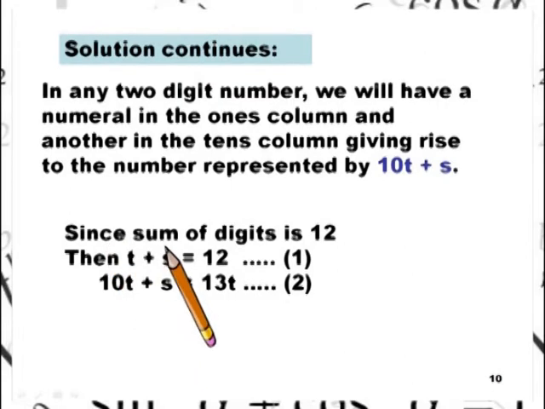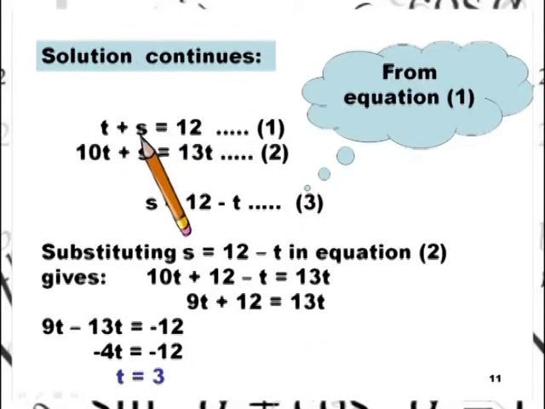Since the sum of the digits is 12, then t plus s equals 12, equation 1, and 10t plus s equals 13t, equation 2. From equation 1, s is equal to 12 take t, equation 3.